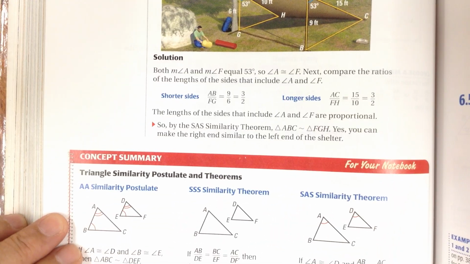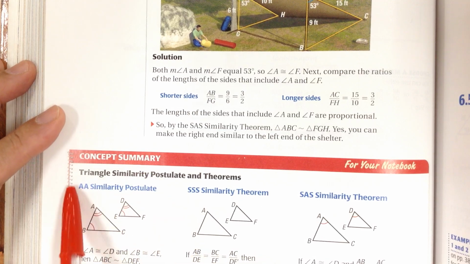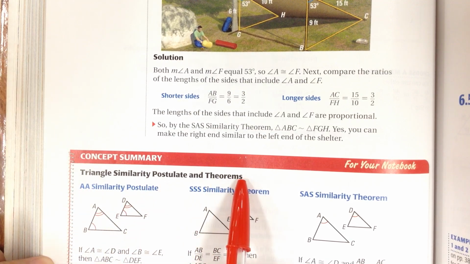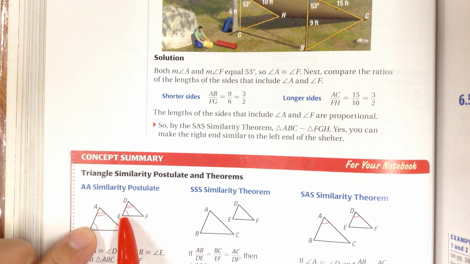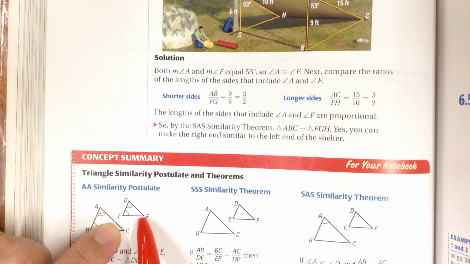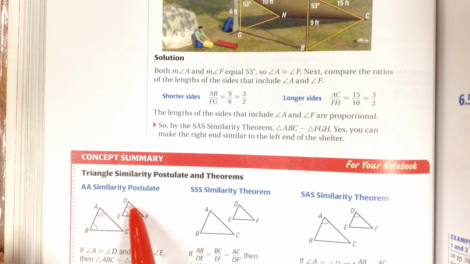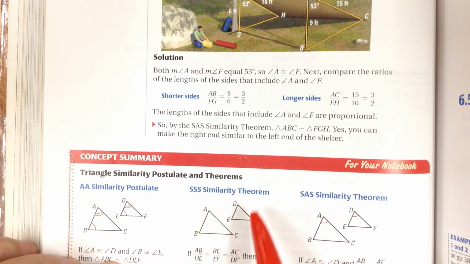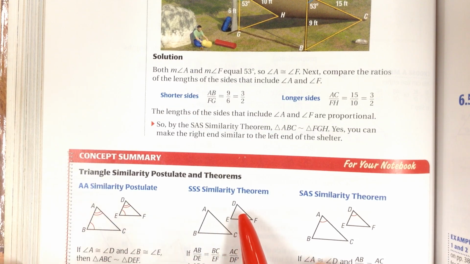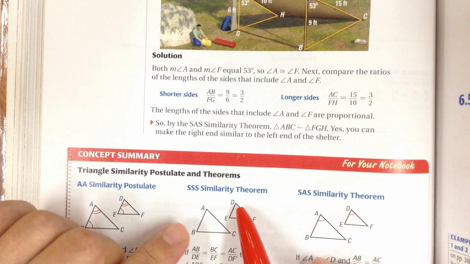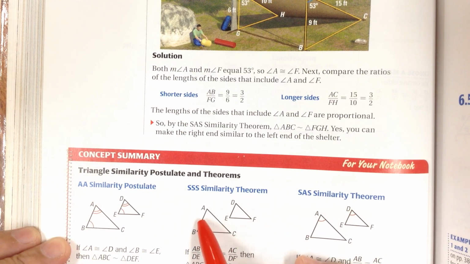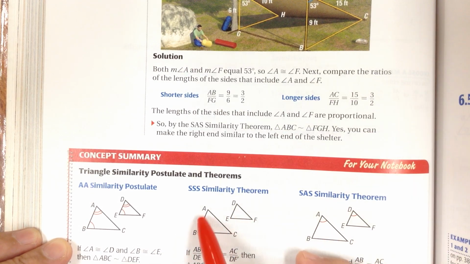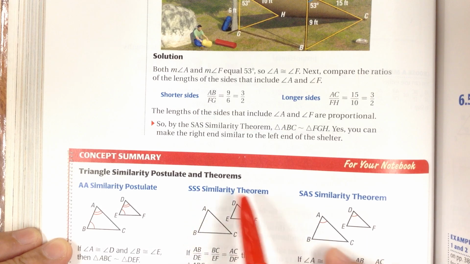Okay, concept summary: triangle similarity postulate and theorems. AA similarity: if two pairs of angles are congruent, obviously the third one will be congruent also, so they are similar. SSS: if all three pairs of sides have the same scale factor, like this is twice that, this is twice that, this is twice that, then SSS is the theorem.